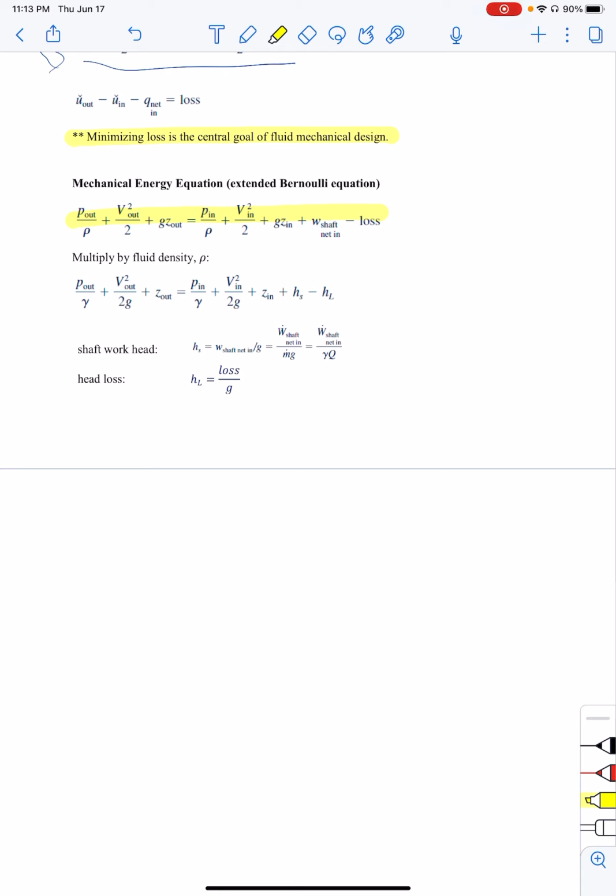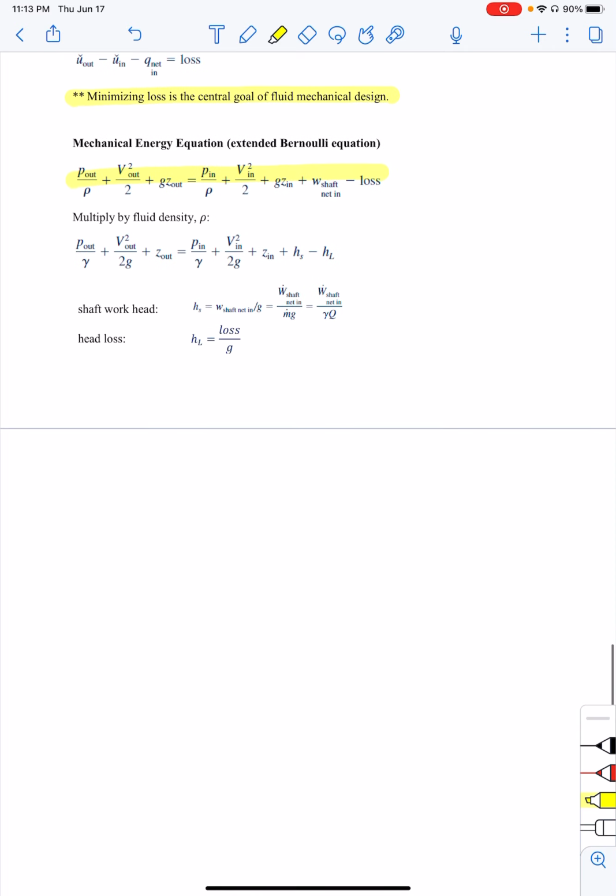For example, we can use these things when the fluid flows through pumps, turbines, or fans, and for this kind of flow, we can use this equation, right?